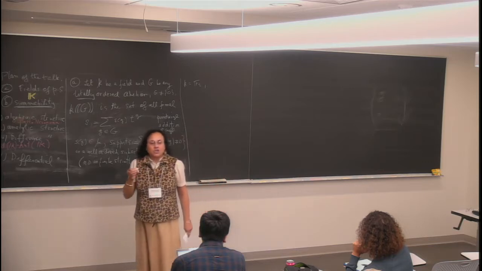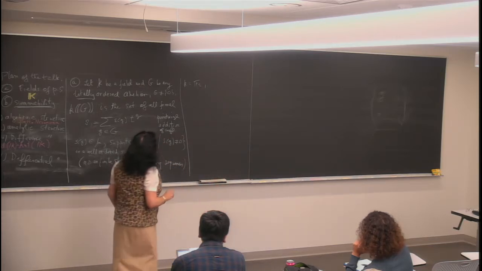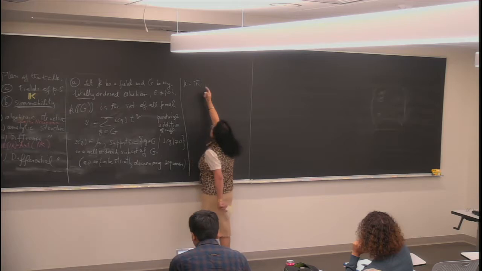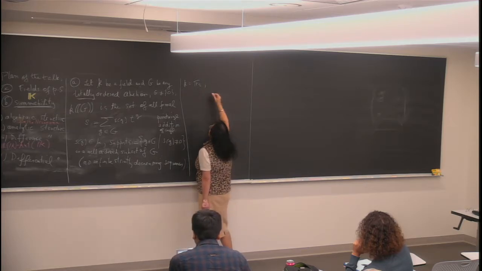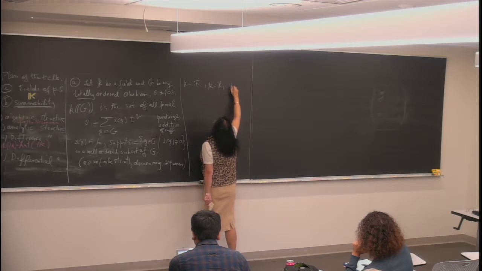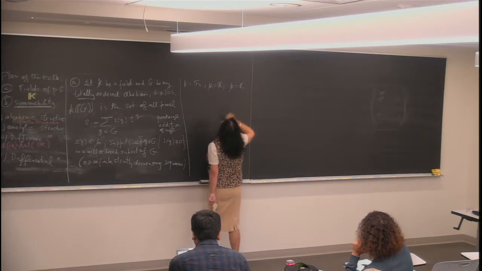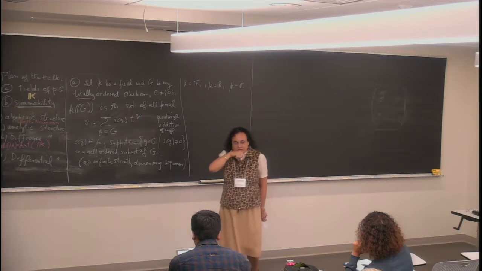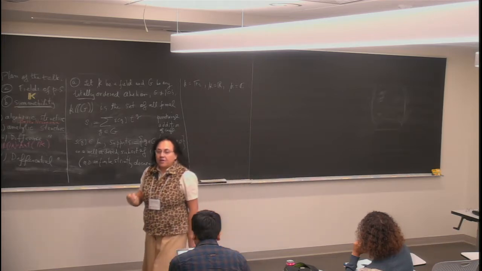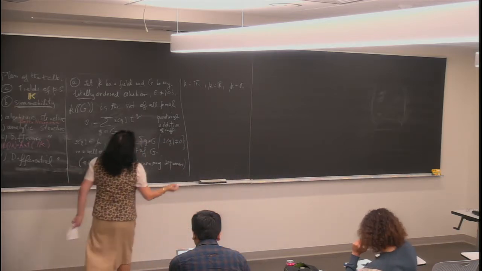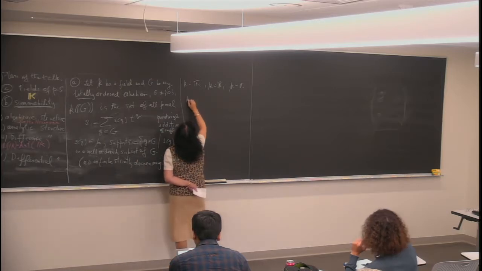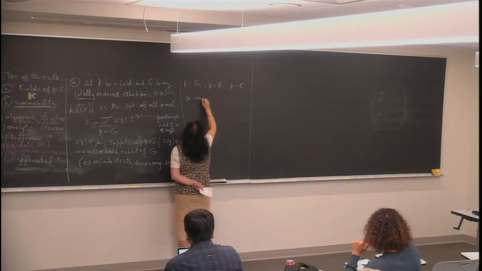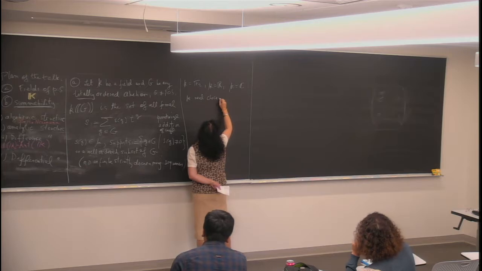But let me say that interesting cases that also appear are the field of real numbers as the field of coefficients and the field of complex numbers. And more generally, K can be a so-called real closed field, or K can be an algebraically closed field in general.